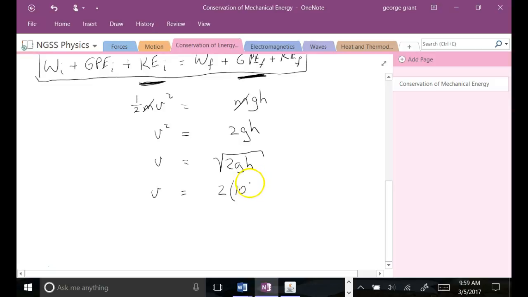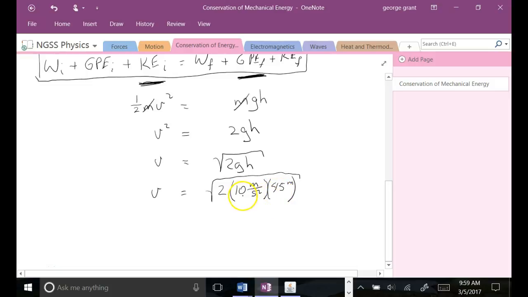And this is going to be meters per second squared. And the height is 45 meters. And of course, I'm going to take the square root.